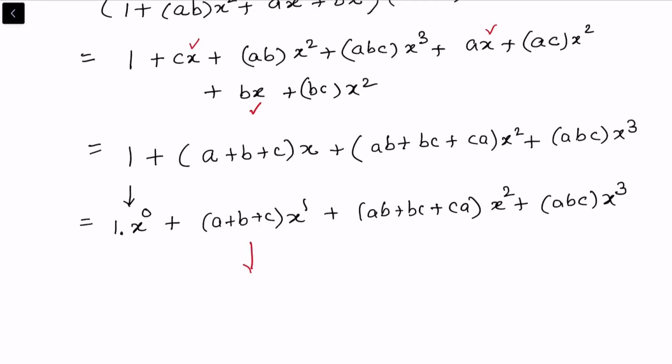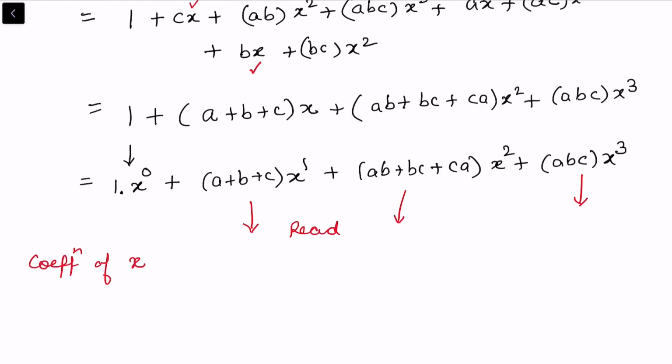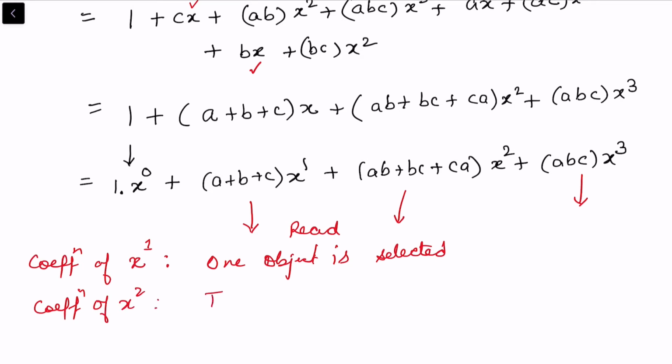Now how can we read these things? The coefficient of x to the power 1 means one object is selected. And if I look at x square, the coefficient of x square says that 2 objects are selected.